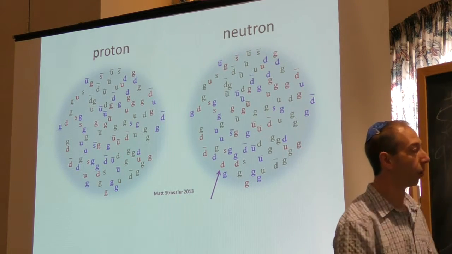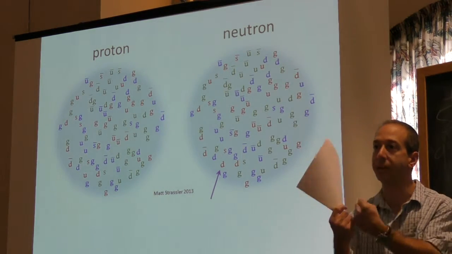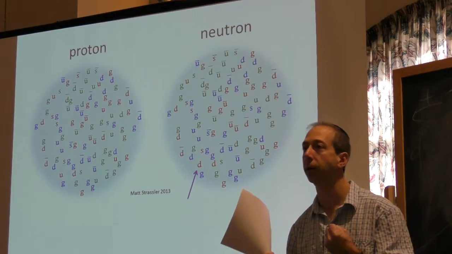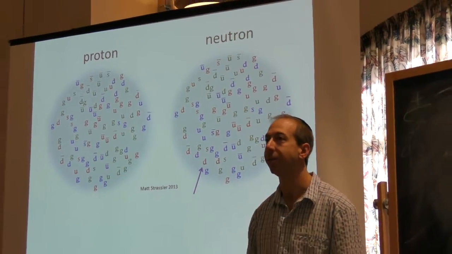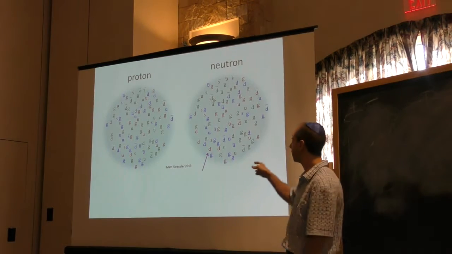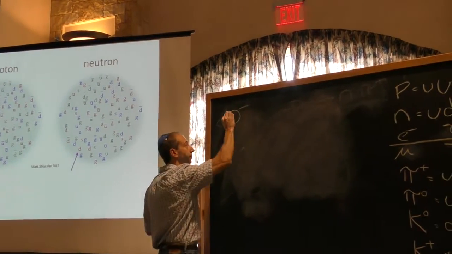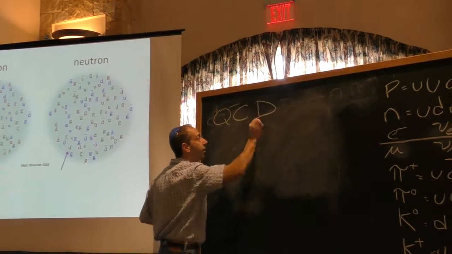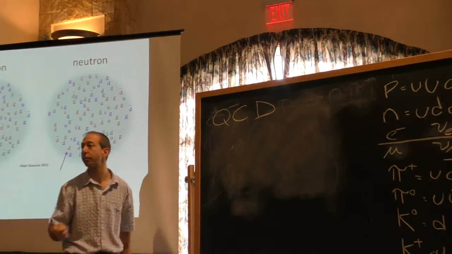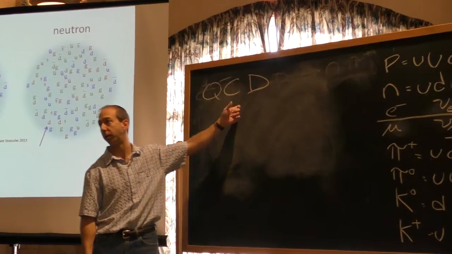And it is also that color force that creates these things to pop out of nowhere, just pop out of the energy in the way that they do, in order to make sure we have everything colorless. So the theory, just in case you see the words, I won't use them much, QCD is what we call the theory of the strong force. It's quantum chromodynamics, chromo for color.